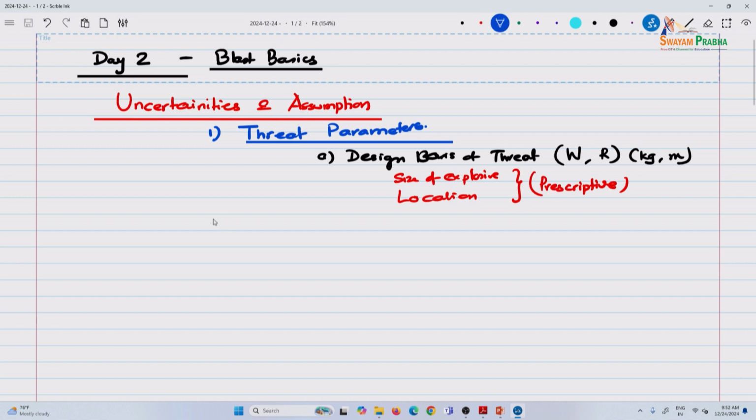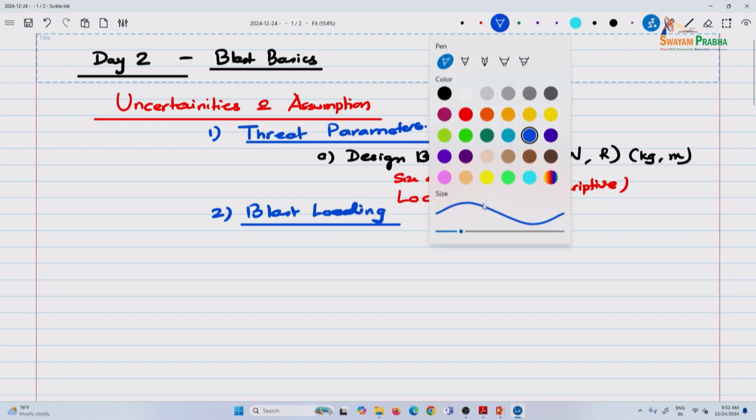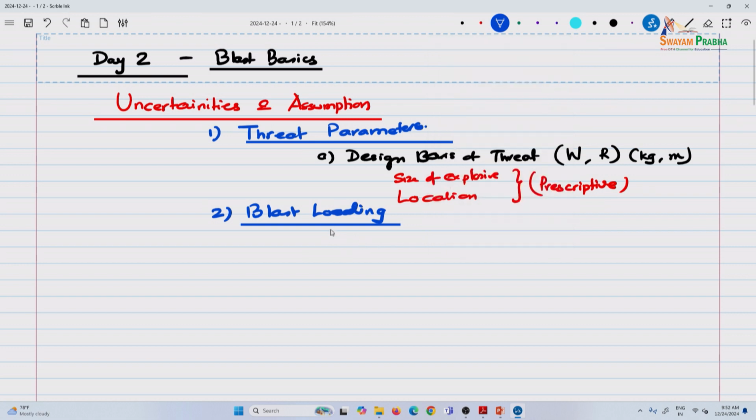Then the second one is the blast loading. This is also an uncertainty. In blast loading, you have one, air blast effects, and the second one, there are other effects also, ground effects.